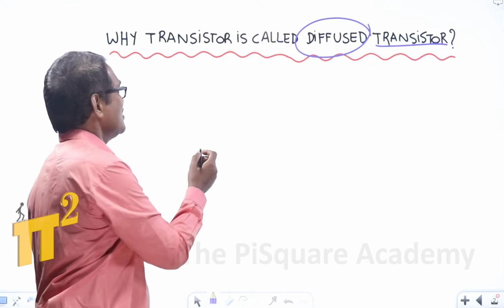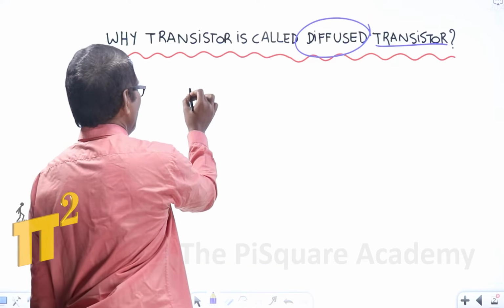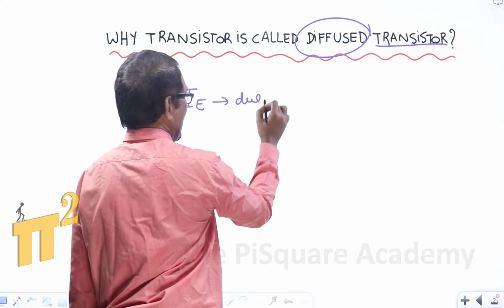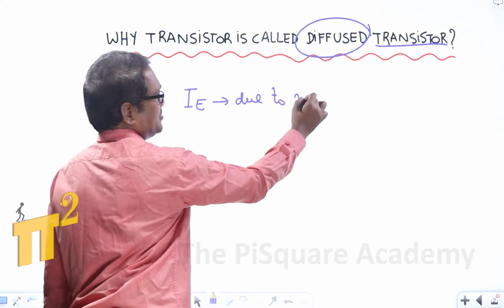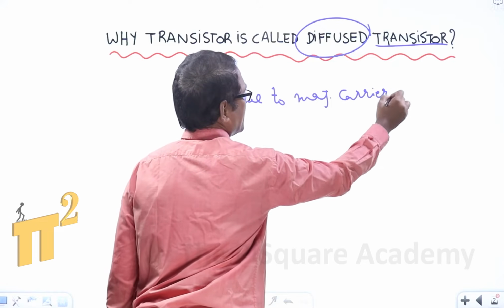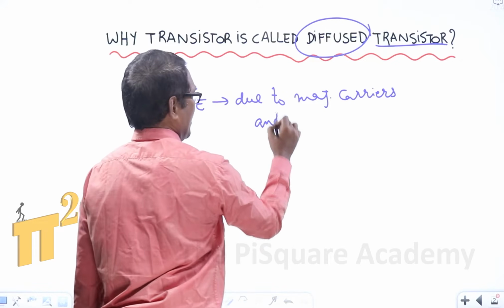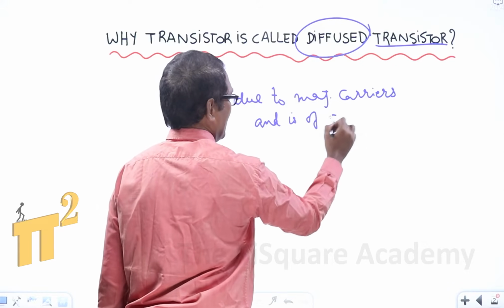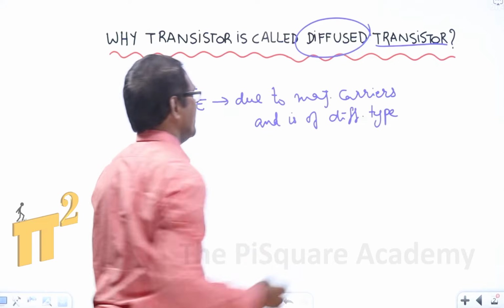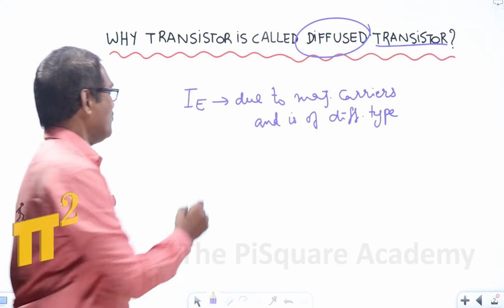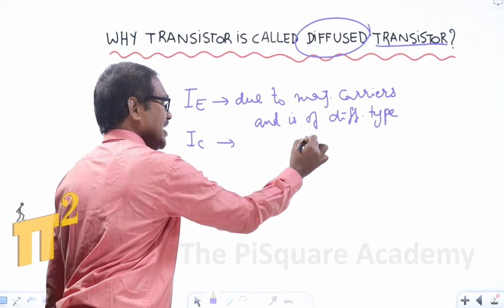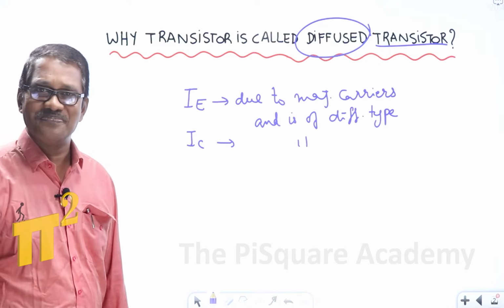So in this case, the first current component IE is due to majority carriers and is of diffusion type. And the second one, IC, is also due to majority carriers and is of diffusion type.